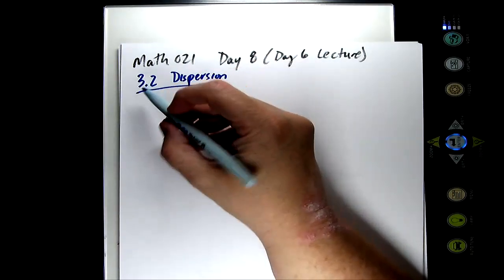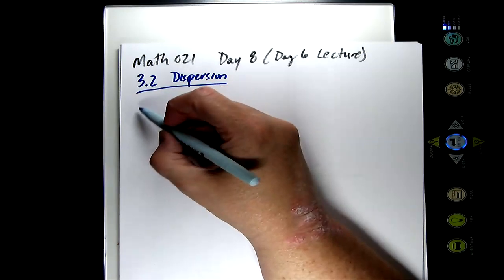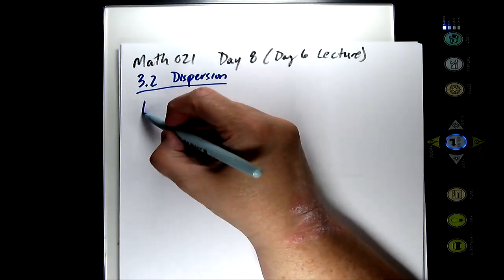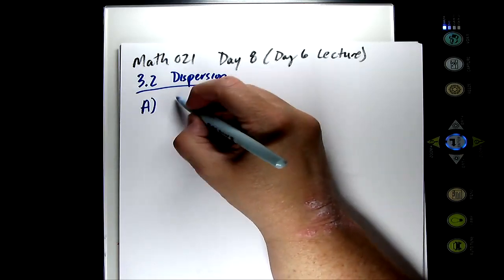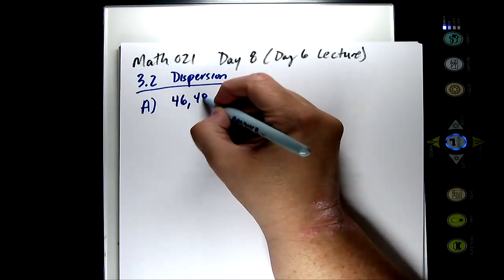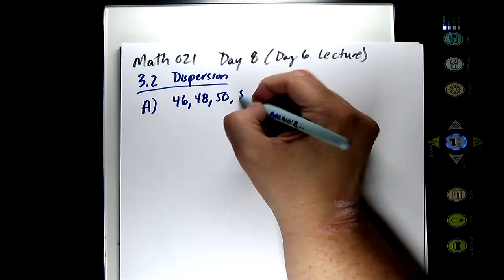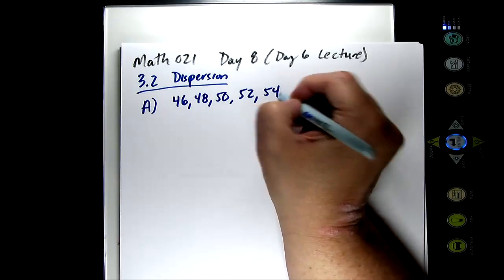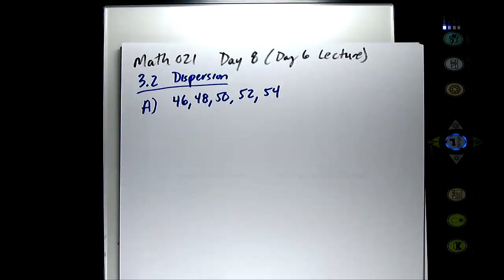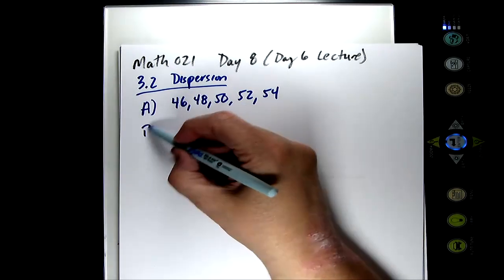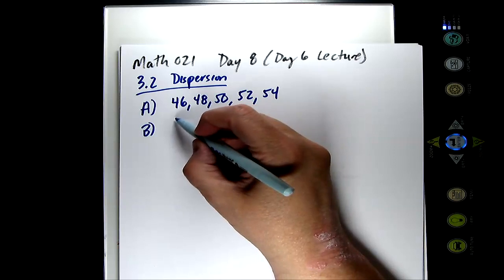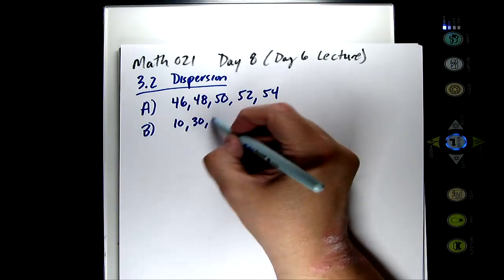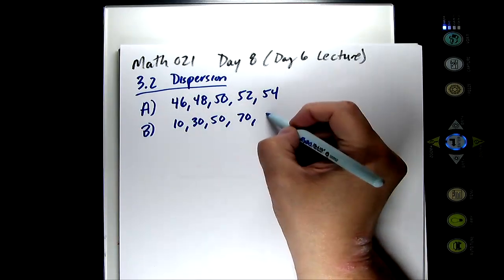So I have a quick activity for you. I have two groups, A and B. A has numbers 46, 48, 50, 52, 54. And B has numbers 10, 30, 50, 70, and 90.